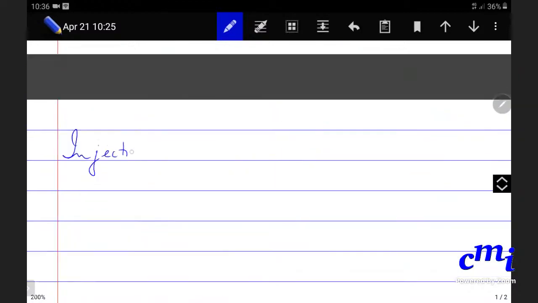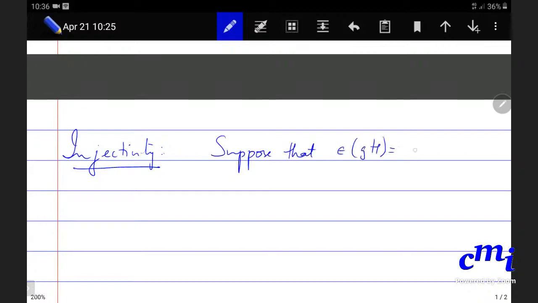Injectivity. So suppose that epsilon of gH is equal to epsilon of g prime H. That is gx is equal to g prime x. So what does this mean?